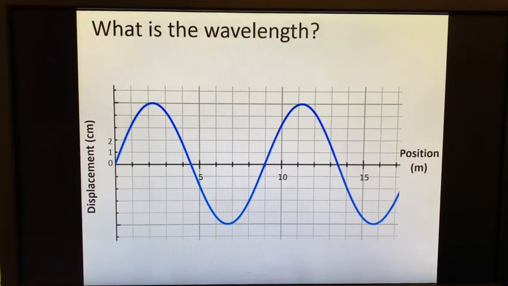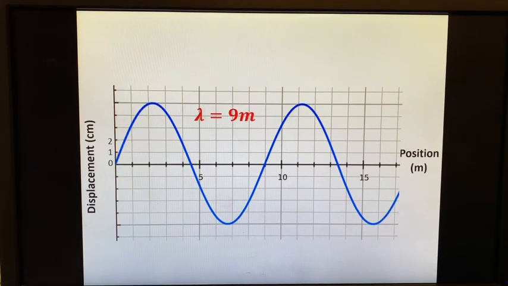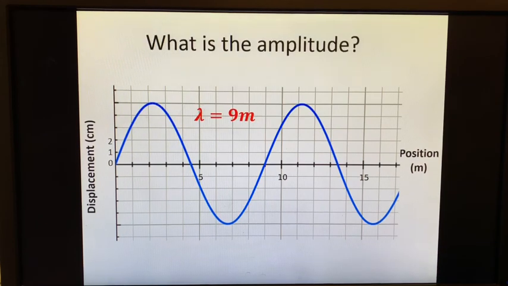New graph. What is the wavelength? Identify one cycle of the wave. And how long is it? 9 meters. That's the wavelength. Next question. What is the amplitude? Remember, height from equilibrium position to the crest. 5 centimeters.